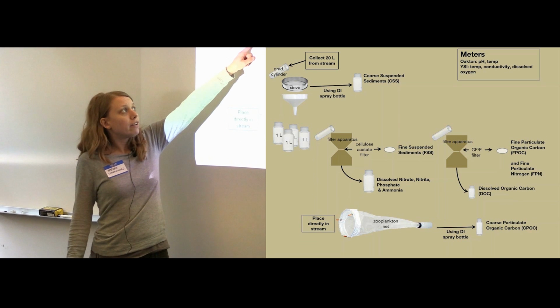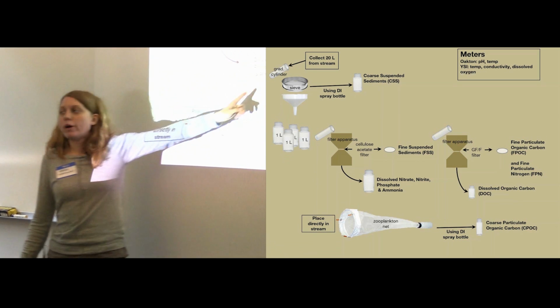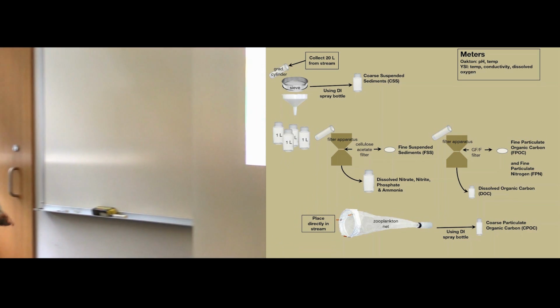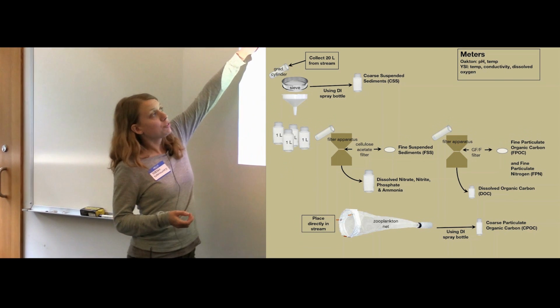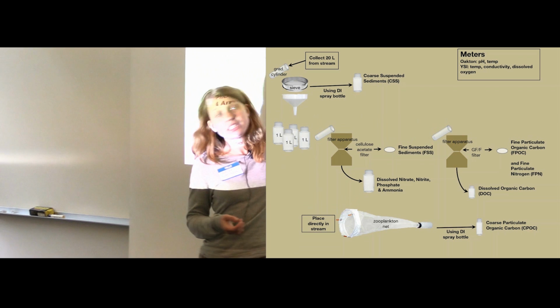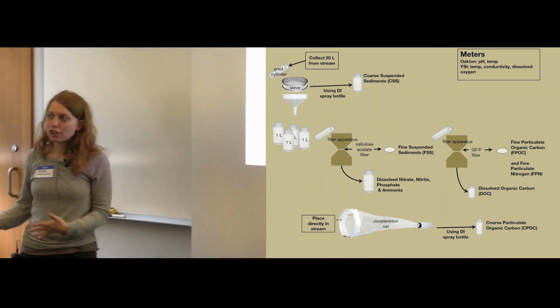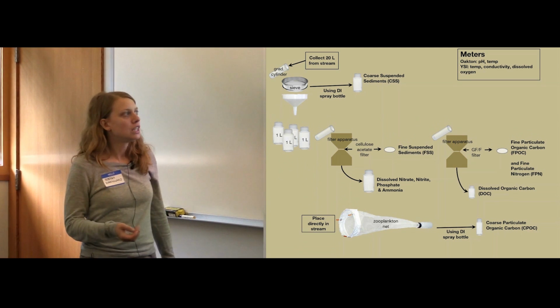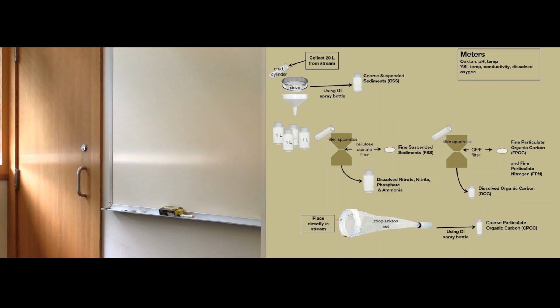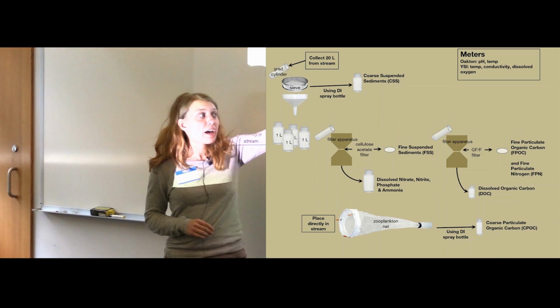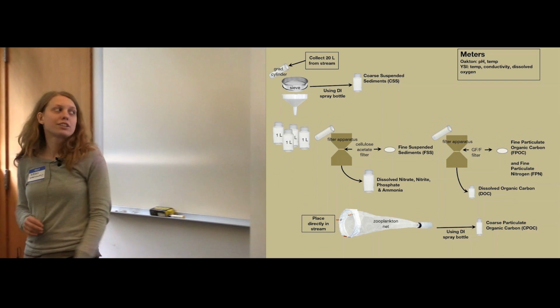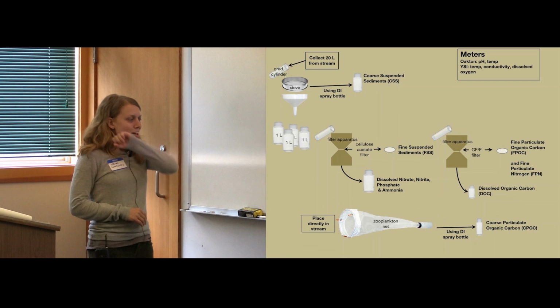The filtrate from that went on to dissolved nutrient analysis. I then took the sieved water and also filtered it with a different type of filter that doesn't have any carbon in it, a glass fiber filter, to get fine particulate organic carbon and fine particulate nitrogen. The filtrate from that went on to the dissolved organic carbon analysis.